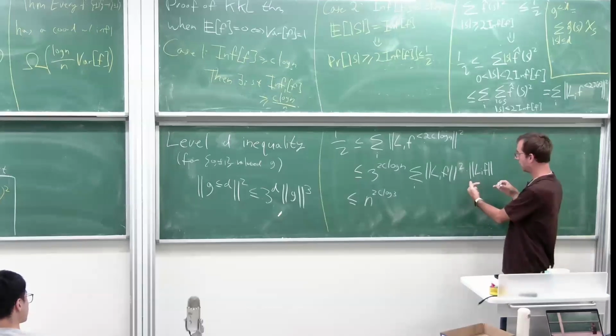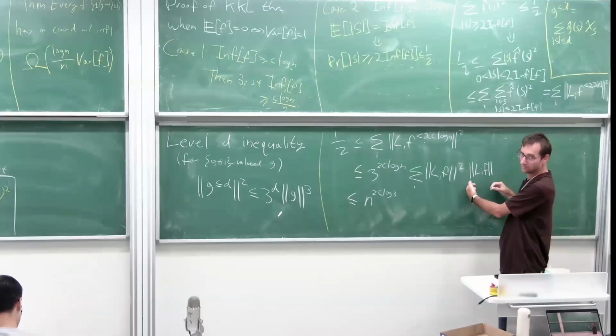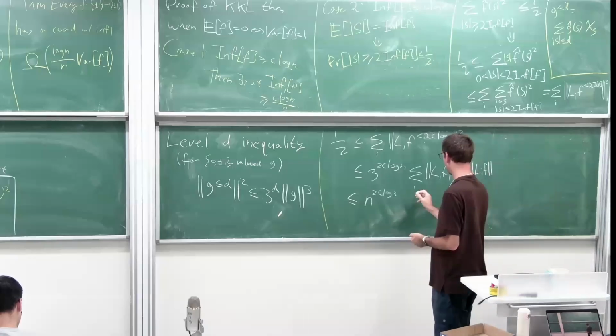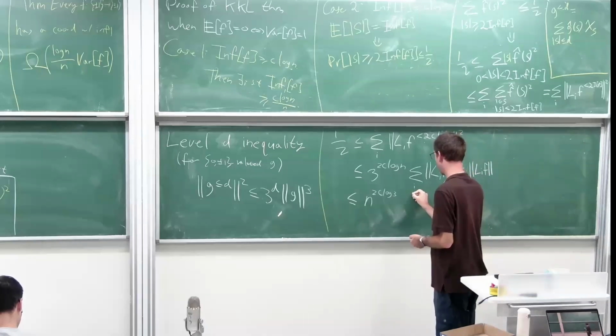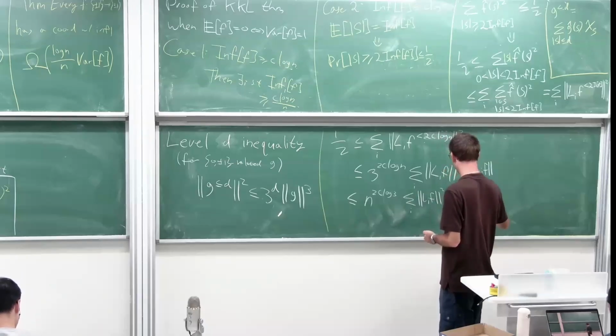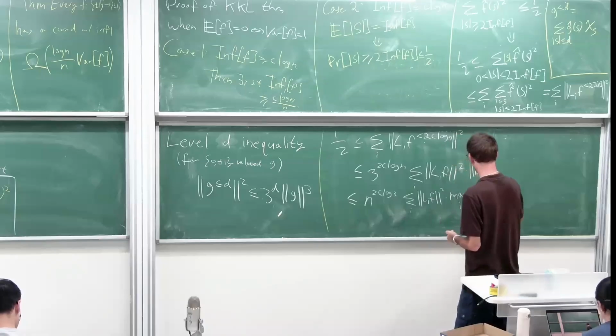We're going to take out the maximal term of this form. So it is the sum of the LIF squared times the maximum over i of the LIF.